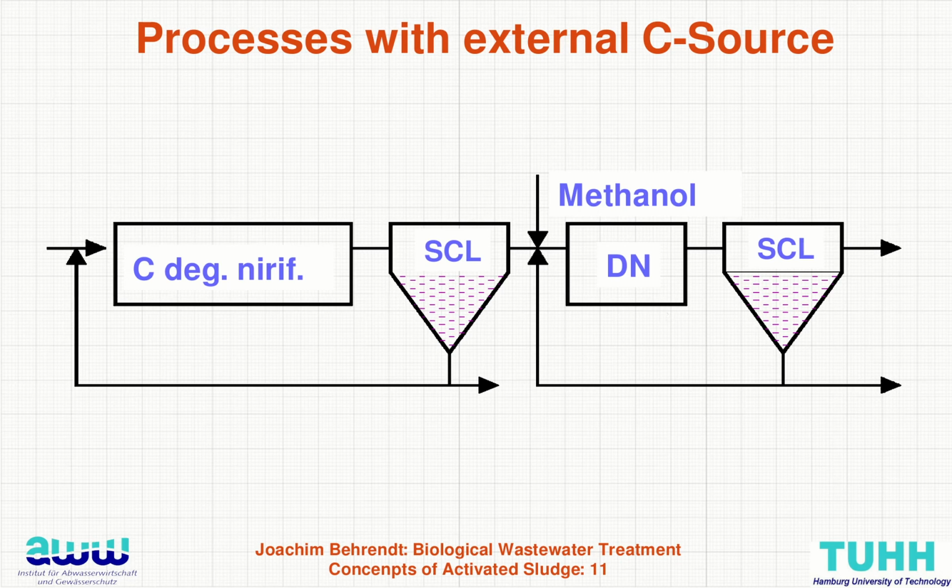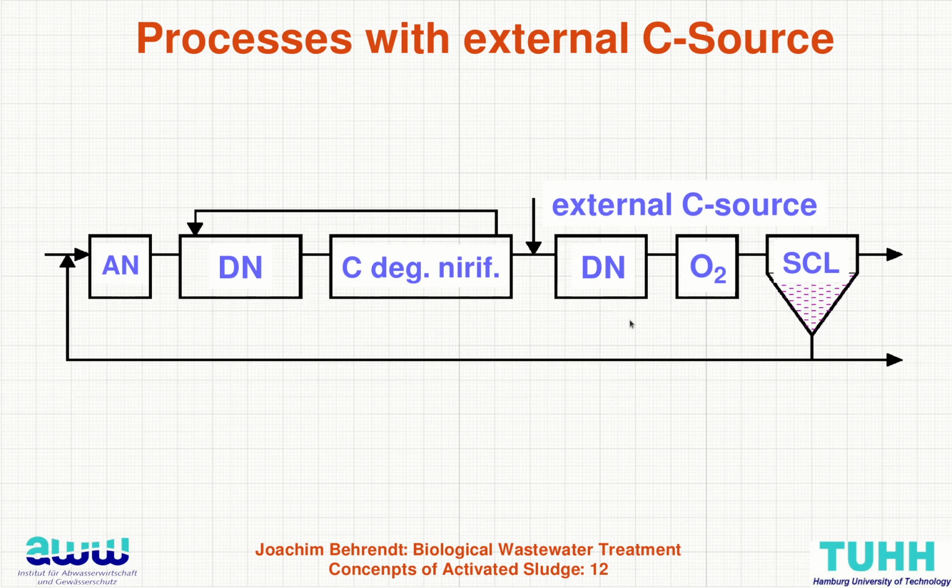This is a very small plant that brings the nitrate-N to nearly zero. Therefore they only treat one partial flow of the wastewater treatment plant to fulfill the requirements. But in any case you need methanol or other C sources.